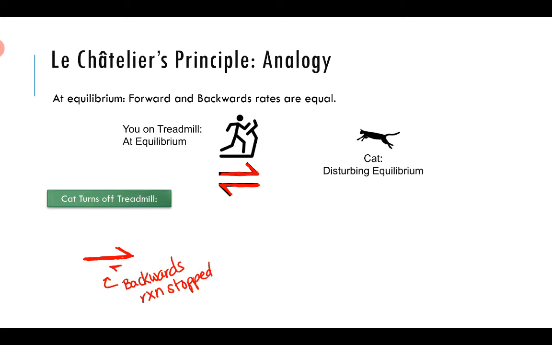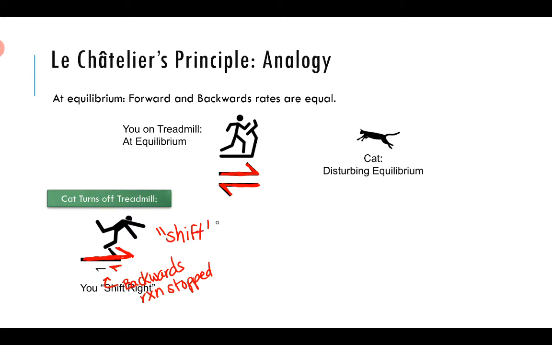So I drew a very small arrow, but if the treadmill turned all the way off, it would be no arrow at all. And so what happens is that you fall this direction because that's the direction you were running. And so we call this shifting right.